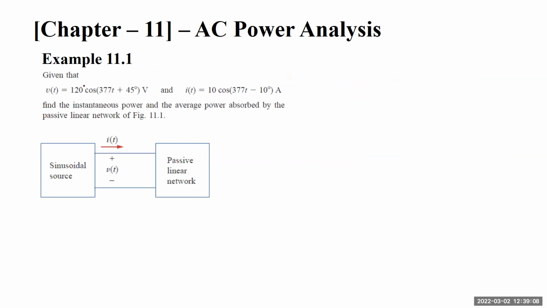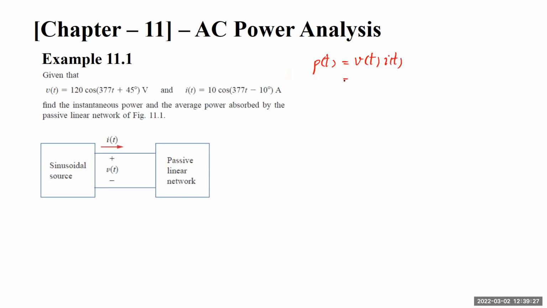In this example 11.1, we are given a voltage signal and a current signal as well. Find the instantaneous power and the average power. Instantaneous power, p of t, is given as v of t multiplied by i of t.